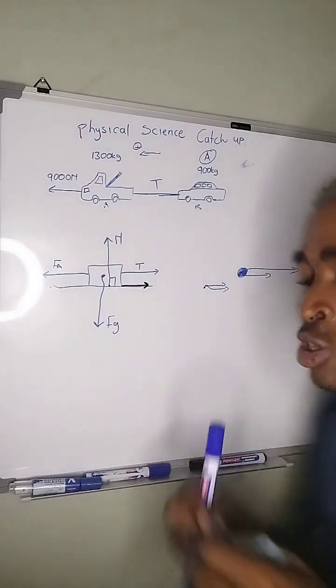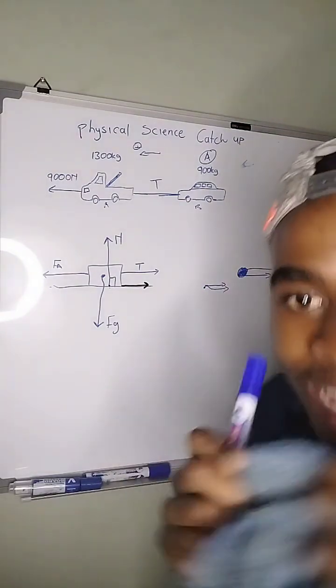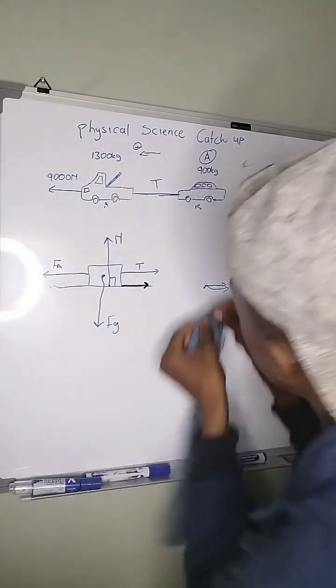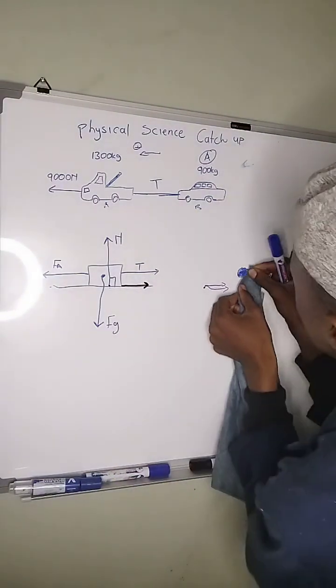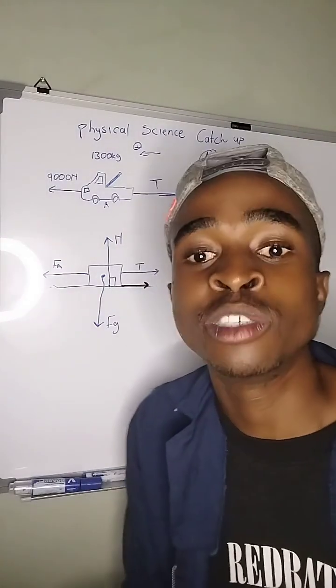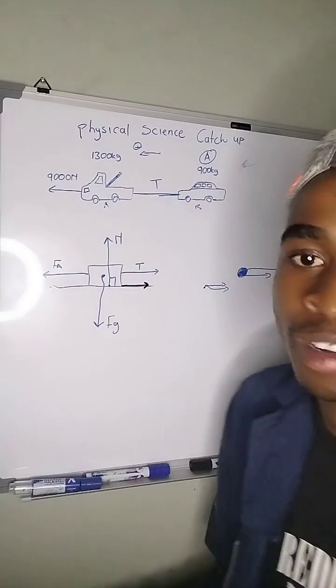Even when they mark, do you think they will take a tape measure and say, okay, this one is big enough to represent the object, so let's give him a mark? They don't do that.